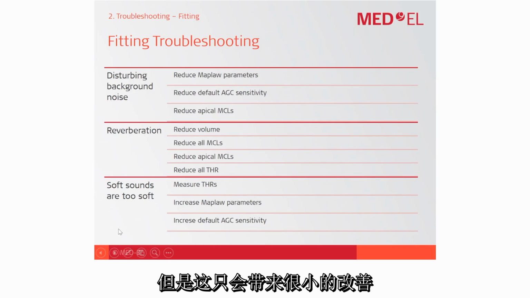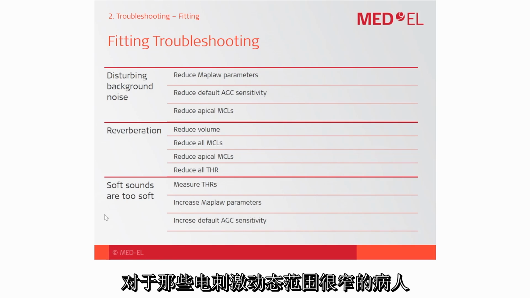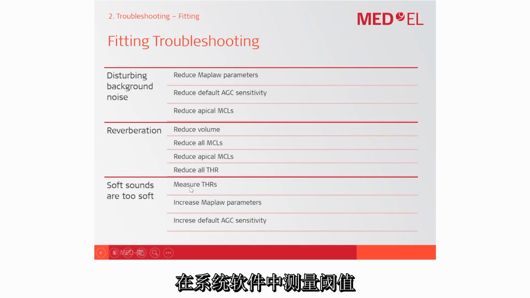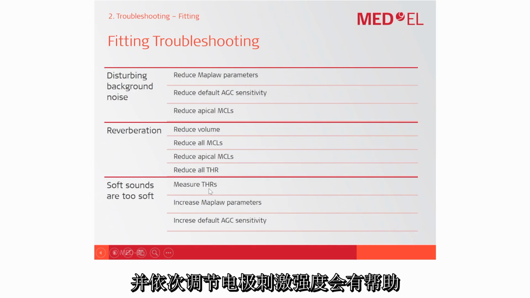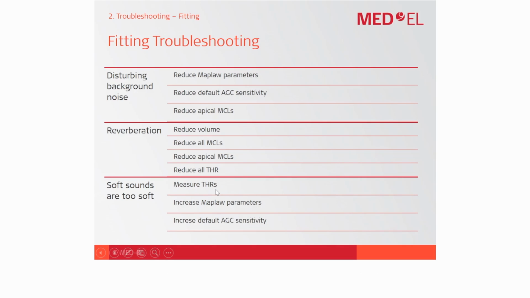However, increasing the map law and the sensitivity would only provide a small benefit. I think if a patient has a narrow electric dynamic range, then it could be helpful to measure the fitting thresholds in the system software and adjust them individually.